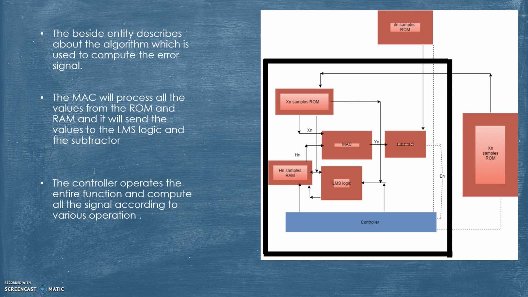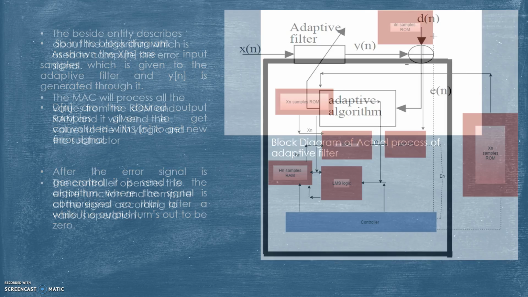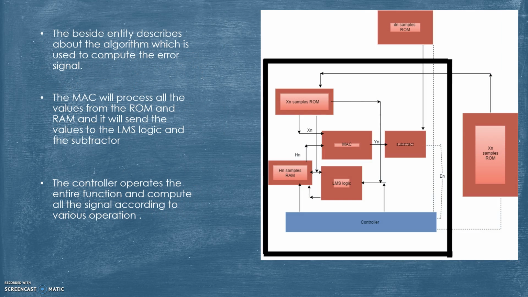Moving towards the algorithm, as you can see, the adaptive algorithm is what we have used. This algorithm was proposed by our professor Dr. Changchu. So according to this algorithm, what is basically happening is there is a MAC which we've been using, where the signals will be accumulated, and an LMS logic is also created.